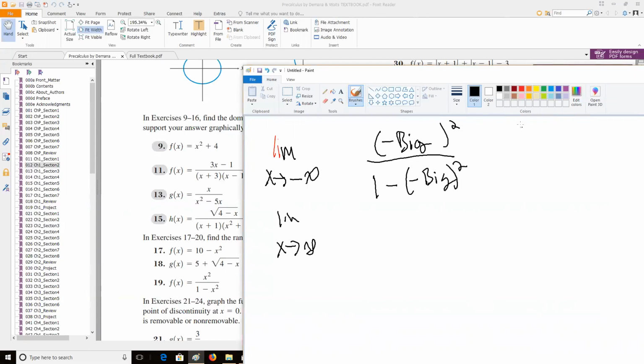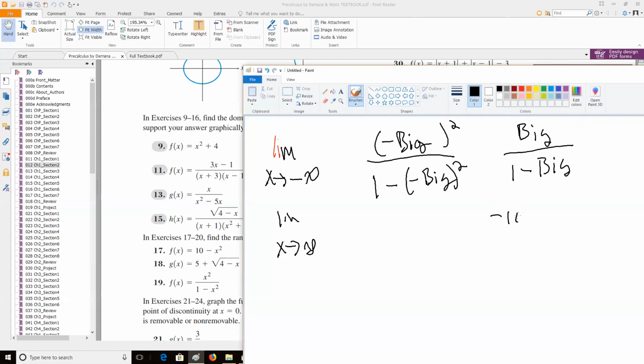So this becomes a very large positive number over 1 minus another large number, much bigger than 1. So this basically becomes a big number on top.